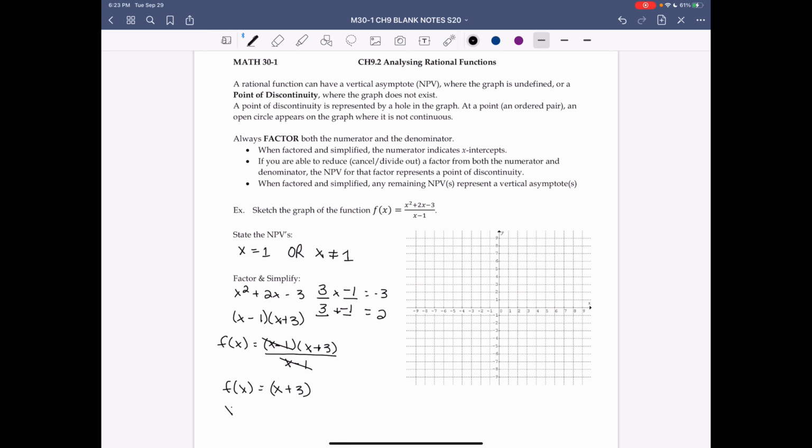So x cannot equal 1. So there is a point of discontinuity at x equals 1.